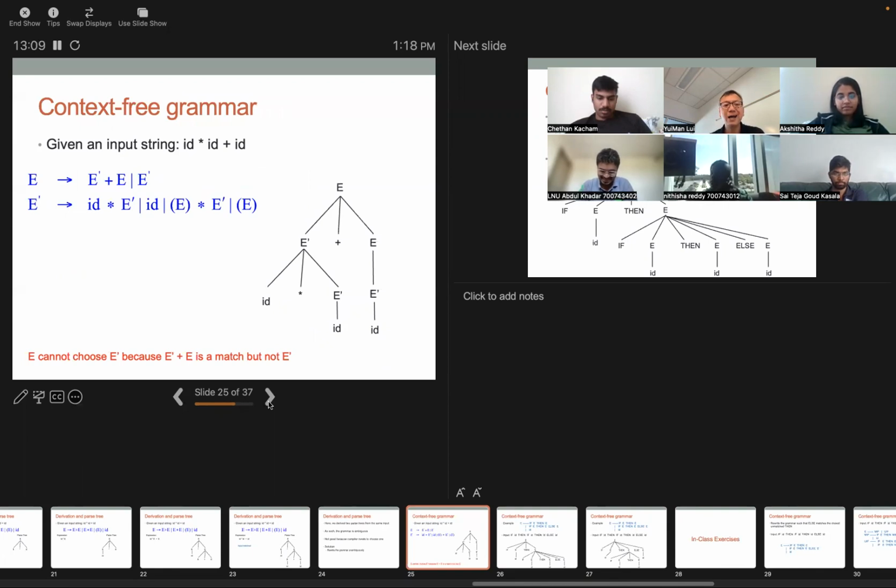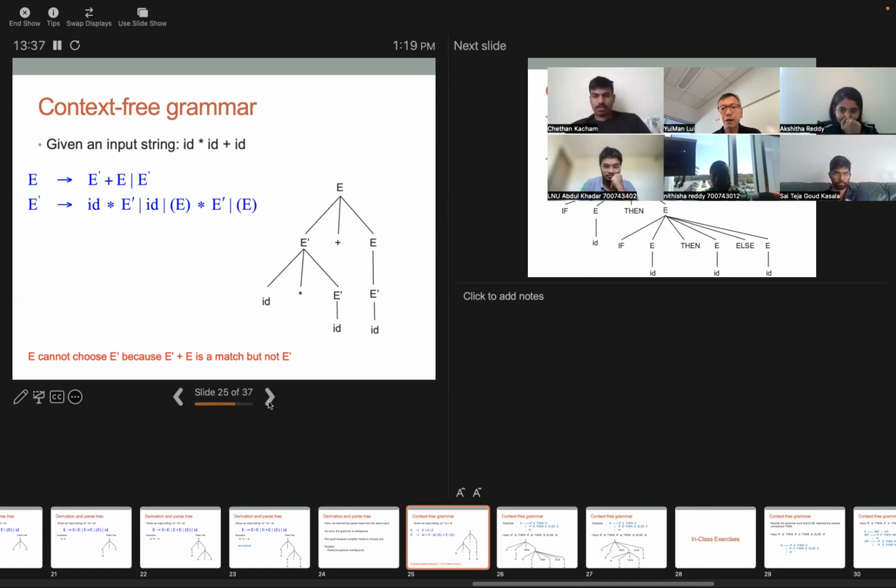Now E goes to E prime plus E or E prime. And E prime goes to ID times E prime, or ID, or parenthesis E close parenthesis times E prime, or parenthesis E close parenthesis.